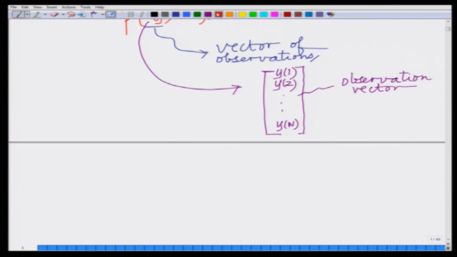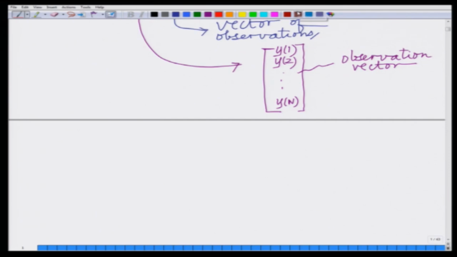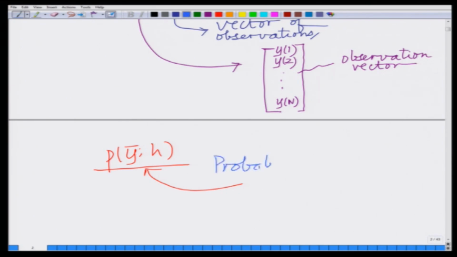Now, also recall that this likelihood function P y bar h has a dual role. Remember the way we derived it, this is the probability density function of the observations y bar.